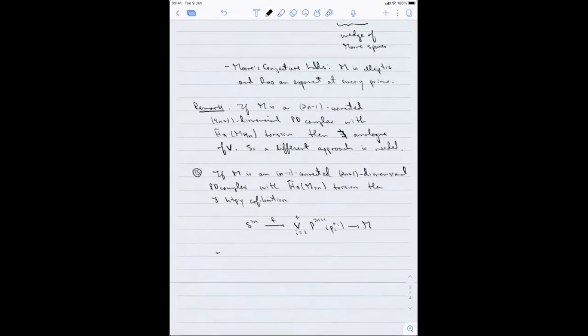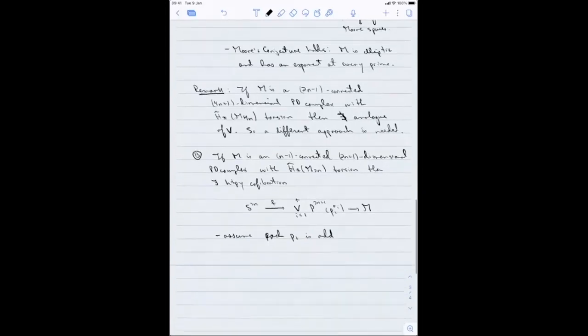And we're going to assume that each of these primes is odd, as before. And we'll assume that F is an attaching map of a certain form. This won't deal with all cases, but it will deal with some of them.